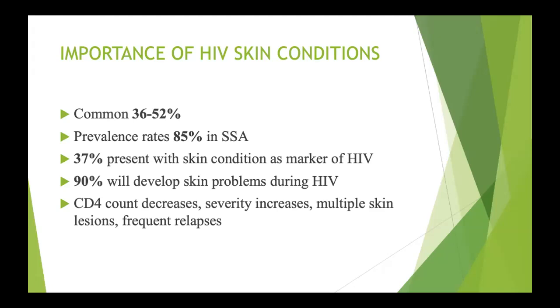So we have 37% of people who present with these skin lesion conditions as a marker of HIV, which is how we get to diagnose HIV. We first see the skin lesions and then we investigate further. So 90% will develop skin problems during HIV. And when a CD4 count decreases, this increases the severity of the skin lesions.